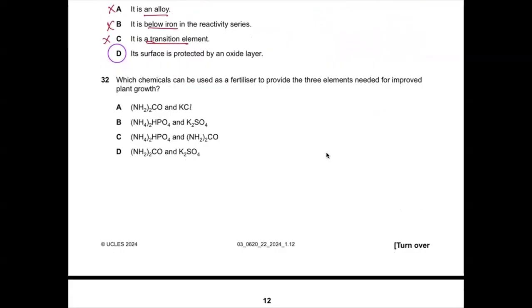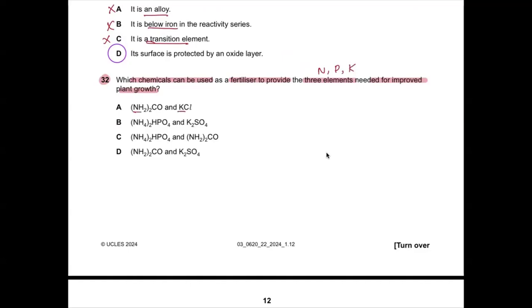Now MCQ number 32. Which chemical can be used as a fertilizer to provide 3 elements needed for improved plant growth? So we know that for improved plant growth, the 3 elements are nitrogen, phosphorus, potassium.